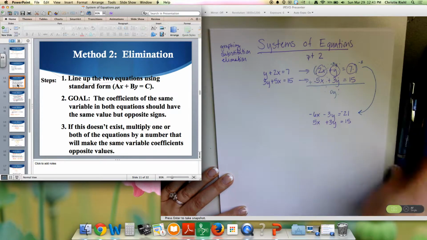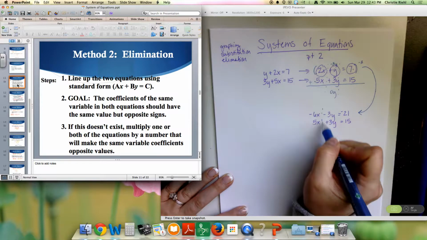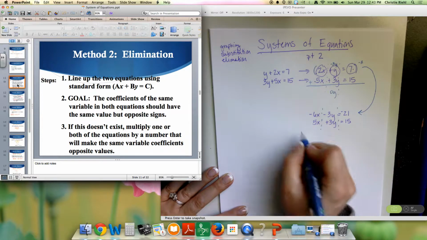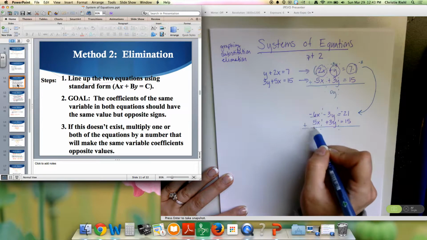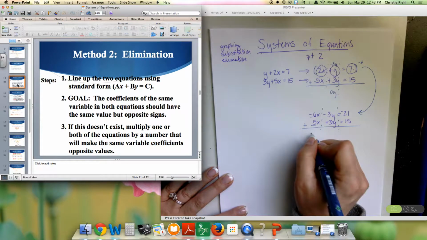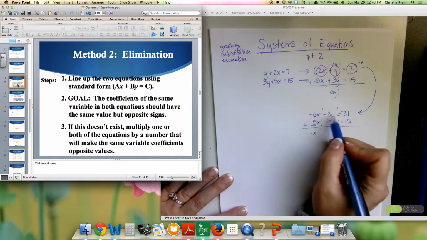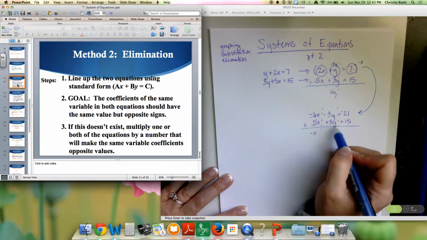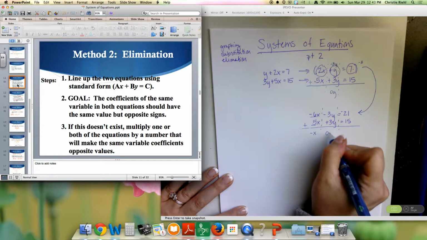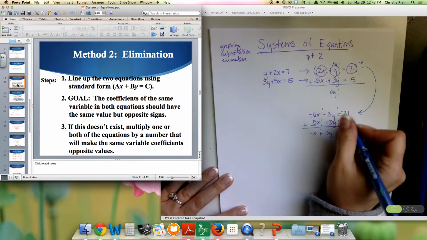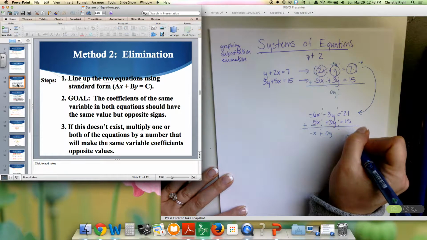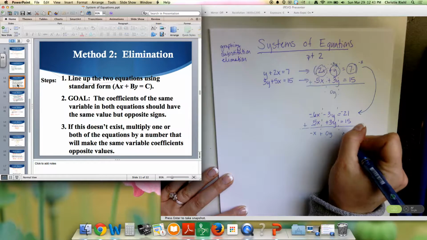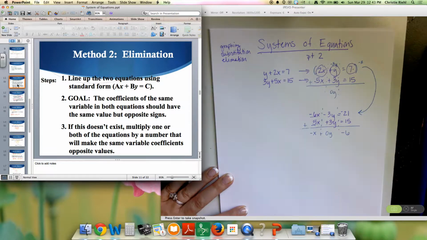Now when I add these, I'm looking at my coefficients, and I have a negative 6 plus 5 gives me negative x. Negative 3y, positive 3y gives me a 0y, which is just 0. Negative 21 plus 15 gives me negative 6. All right?